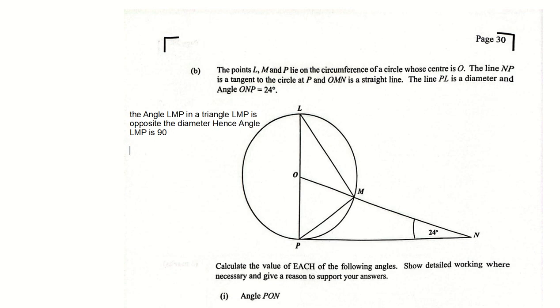Next one is, let's just write that out. So from that information, we know that this angle here is a 90 degrees triangle. Next thing we know is an angle at the center of the circle and an angle at the circumference of the circle produced by the same chord is double. So the angle at the center is double the angle at the circumference.